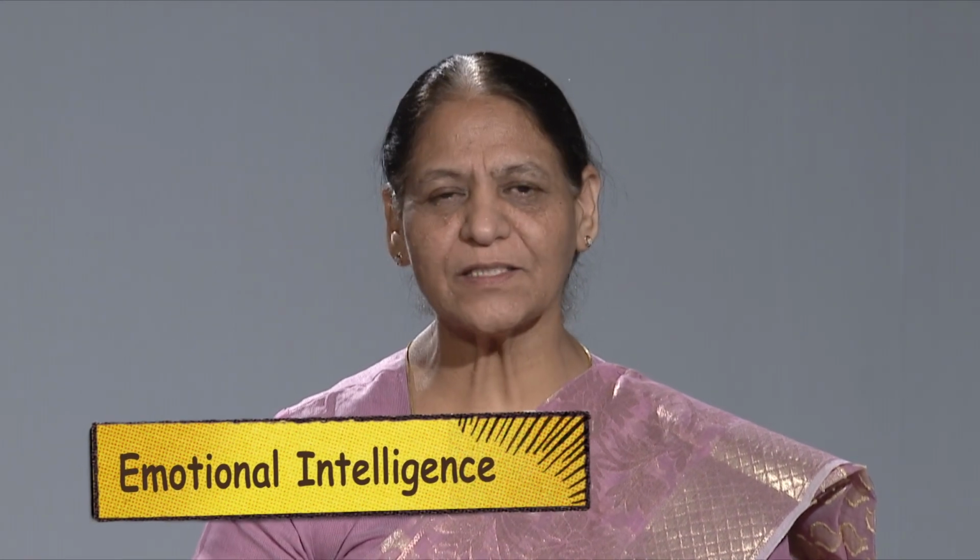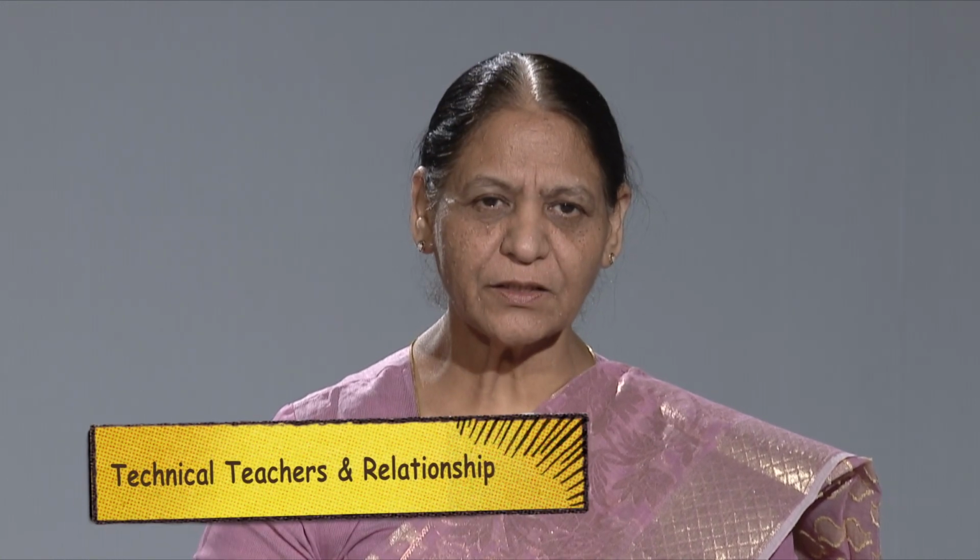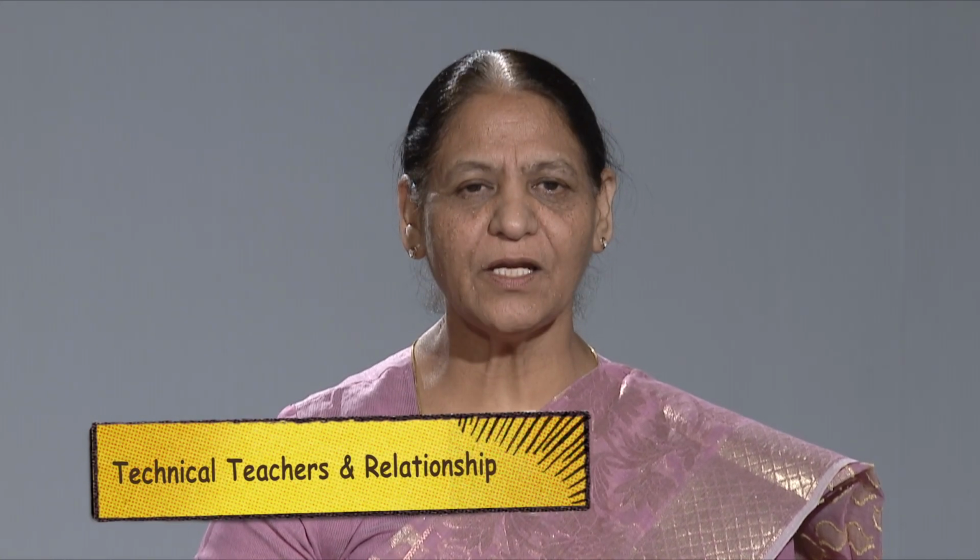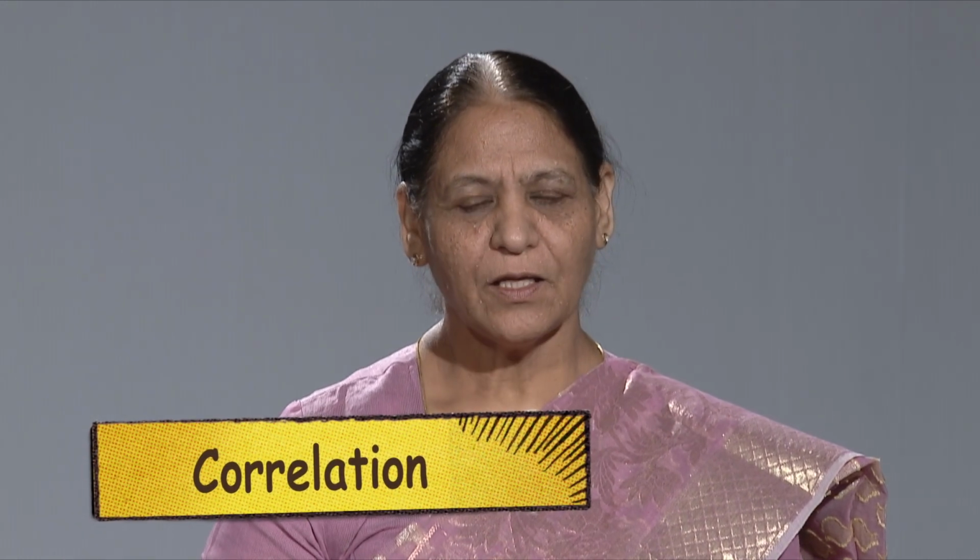For example, if you are interested in studying the relationship between emotional intelligence and job satisfaction of teachers working in technical institutions, the key words here are emotional intelligence, job satisfaction, maybe technical teachers, and relationship or correlation, you can say.